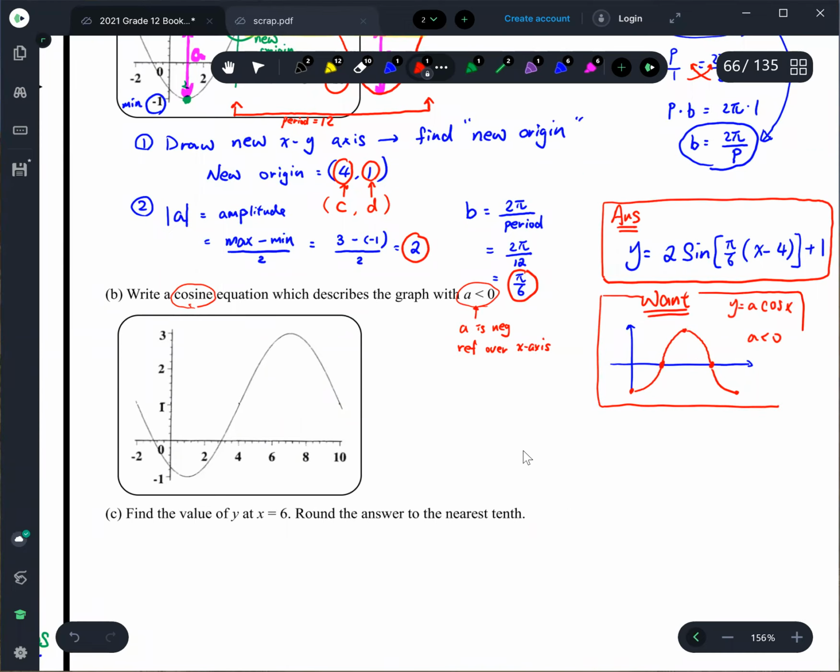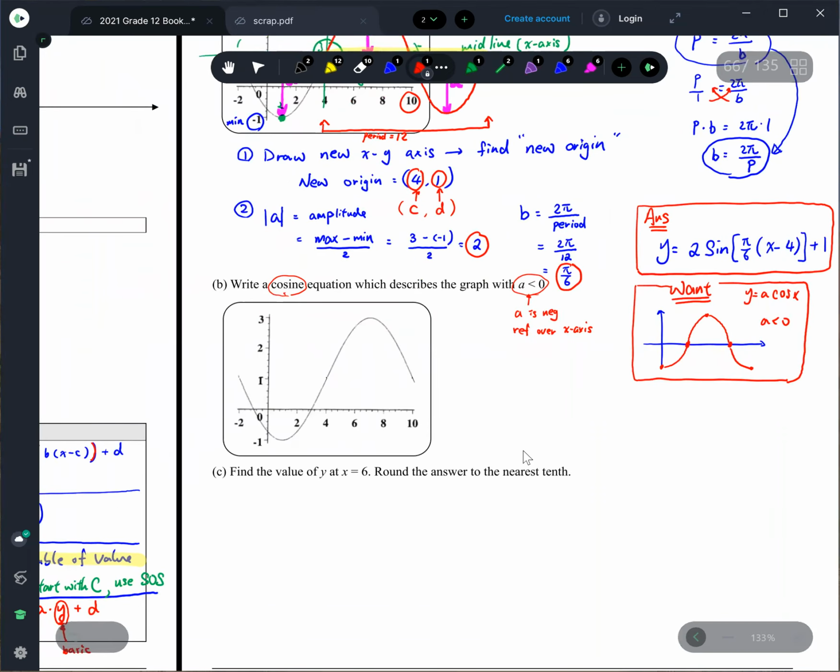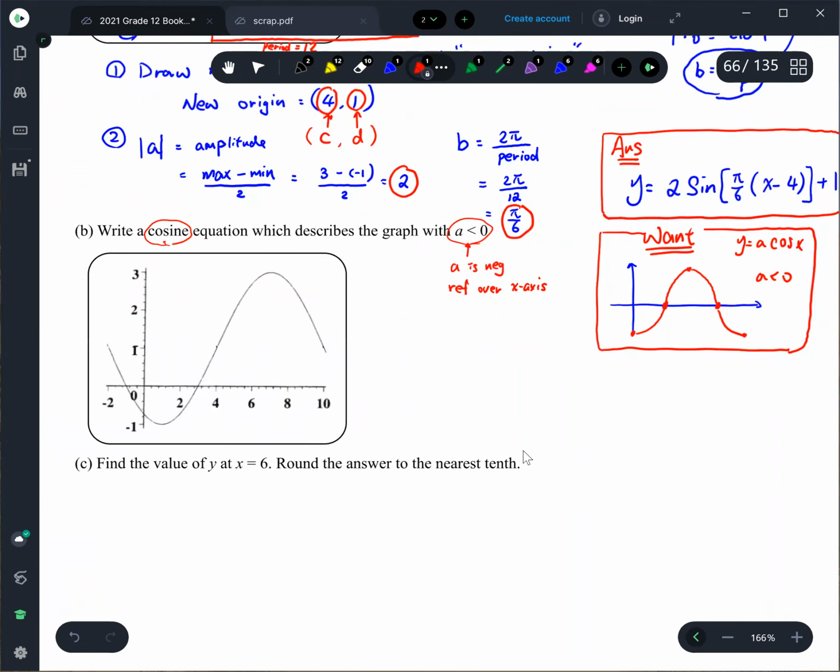Please raise your hand if you finish the picture here. We got this picture by reading the question. It wants a cosine with a negative value for a. Please raise your hand if you finish drawing.